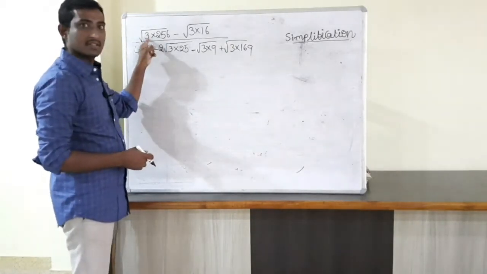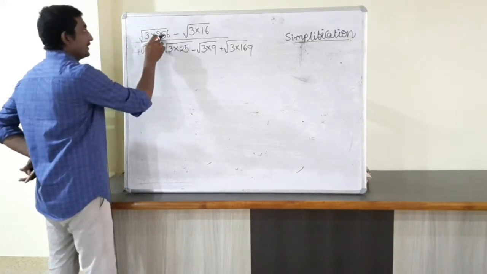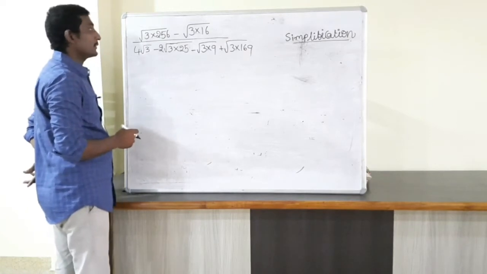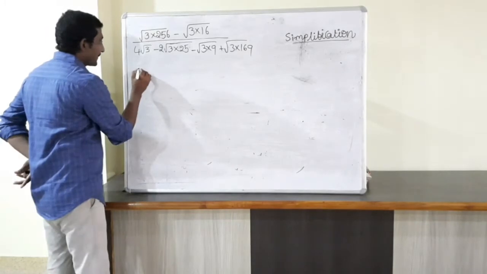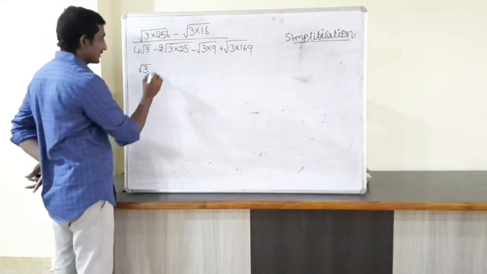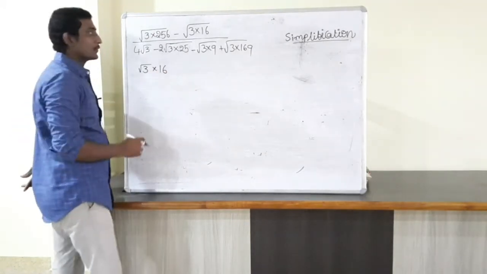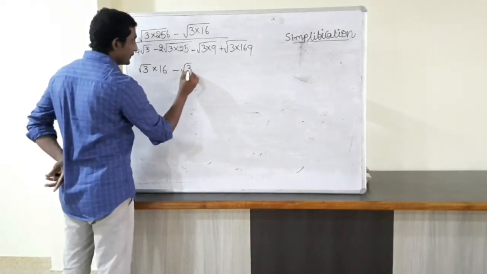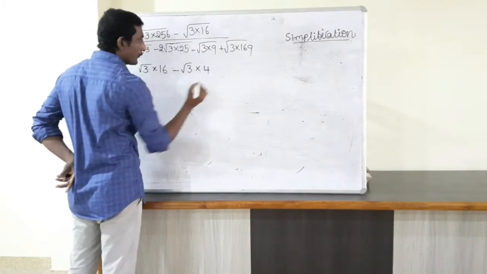Shown first, how can you write? Root 3 into 256. Separate it: root 3, root 256, how much? 16, 16 16s are 256. Same here, root 3 into root 16, how much? 4.